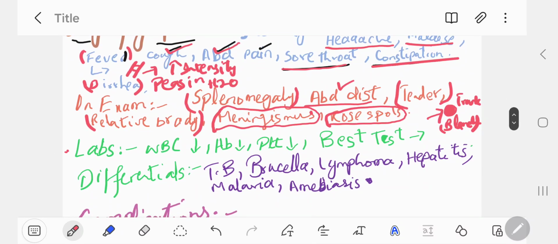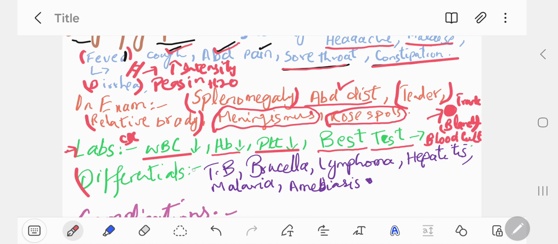When you do investigations, you will first perform a CBC. In the CBC, you will see leukopenia, anemia, and decreased platelet count. So, you can see that there is pancytopenia. The best test for diagnosis of enteric fever is blood culture, and it is 80% efficient in diagnosing enteric fever in the first week.